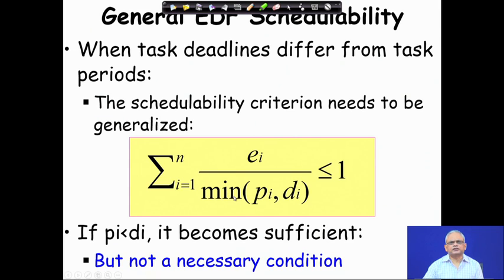This is too strict a criterion. It does not meet the criterion, but still it may be possible to feasibly schedule it. We will not go into details of that, but just know that if P_i is not equal to D_i, then we need to use E_i by min of P_i, D_i, which is a sufficient schedulability condition, but there can be some cases where they do not meet this criterion but still are schedulable.